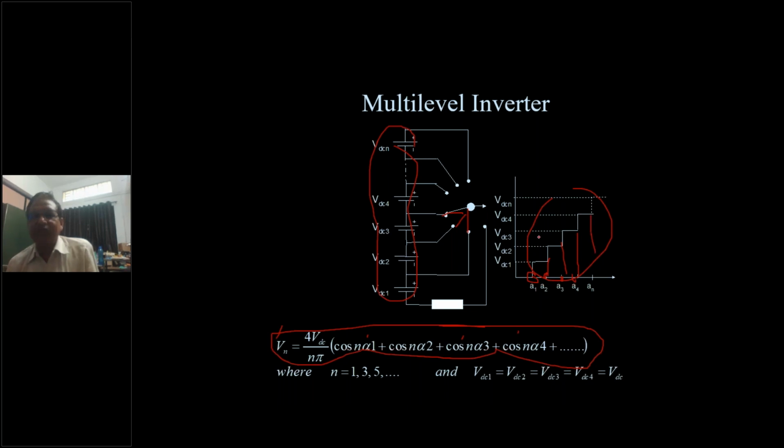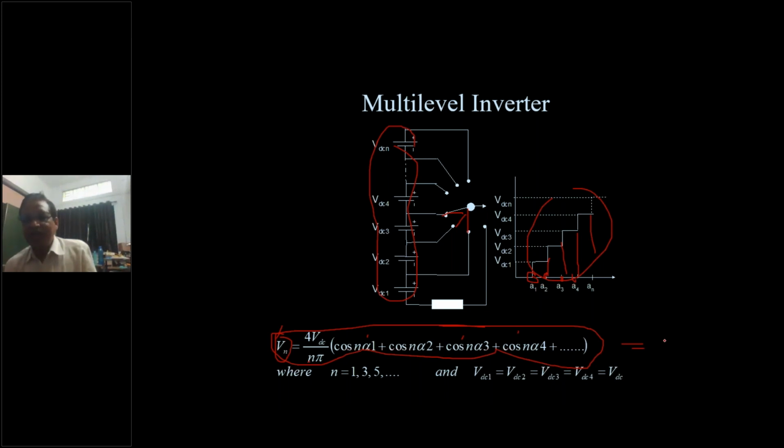These alphas give the instants at which you add the DC levels. The total fundamental voltage is given by 4 VDC upon N pi, where N is 1 for the fundamental, and for the third, fifth, and seventh harmonics, N will be 3, 5, 7 and so on.